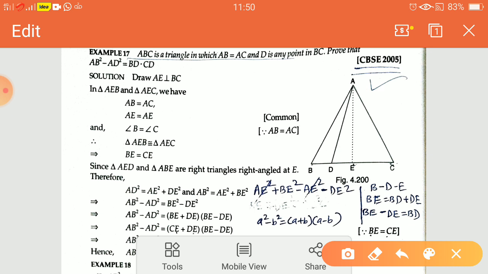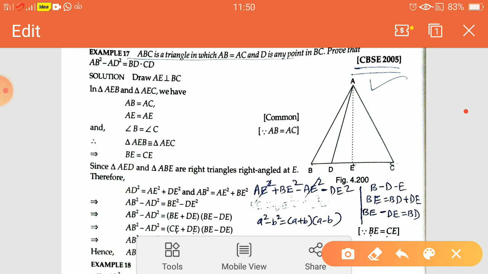Here draw a perpendicular AE. Now we have to prove that AB square minus AD square is equal to BD into CD.